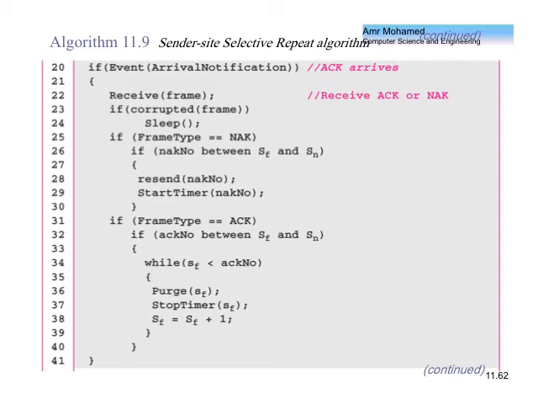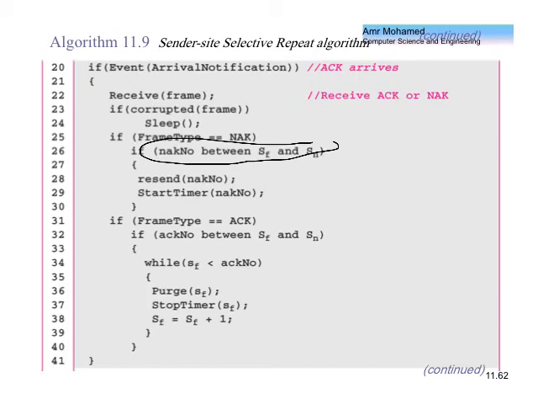The negative acknowledgement indicates that this frame has been corrupted. Okay, so if the frame type is negative acknowledgement, then of course the negative acknowledgement has to be within the window.